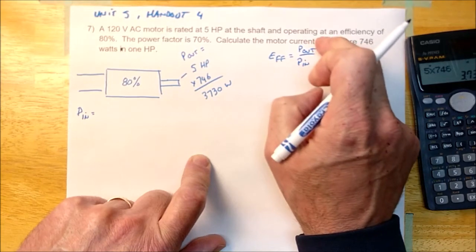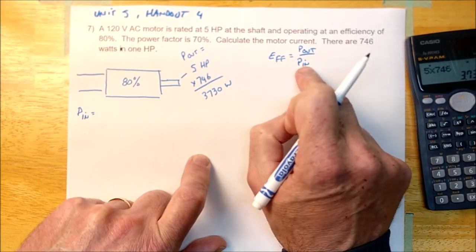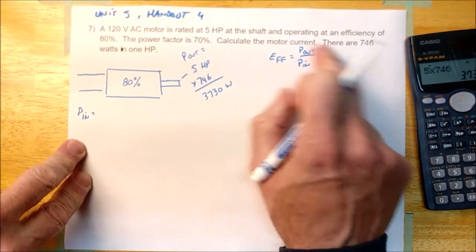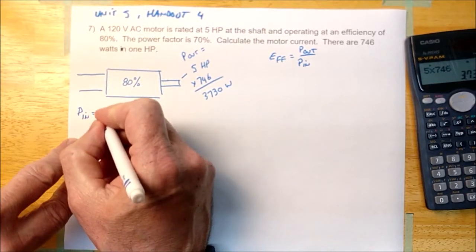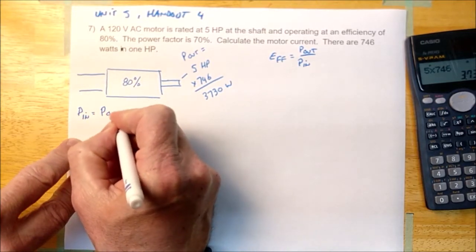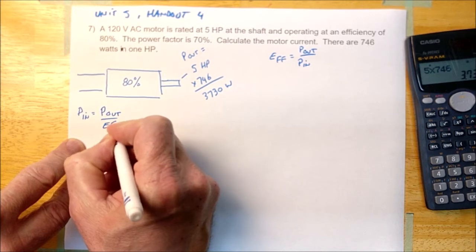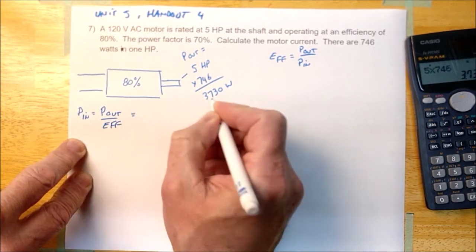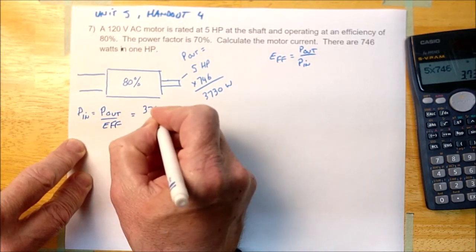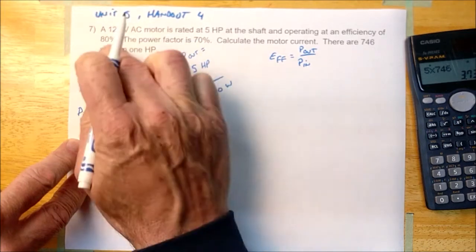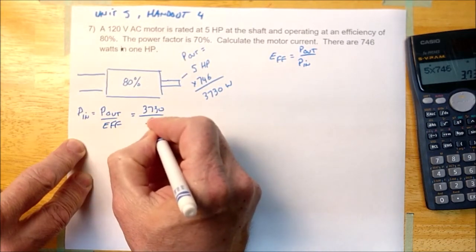Now we know the output power and we know the efficiency. What we're after is the input power, and we can transpose this formula. It's going to be the power out divided by the efficiency. And my power out is 3730, and my efficiency is 80%, or 0.8.